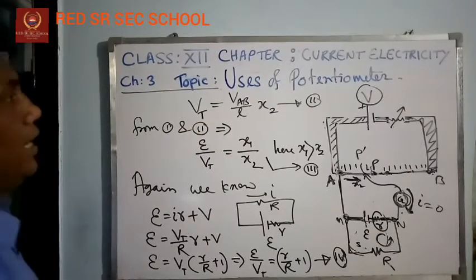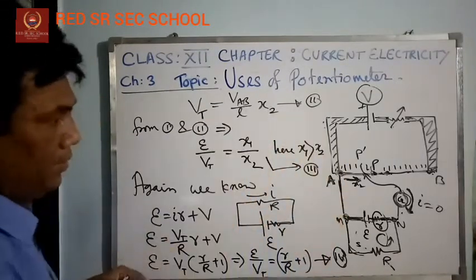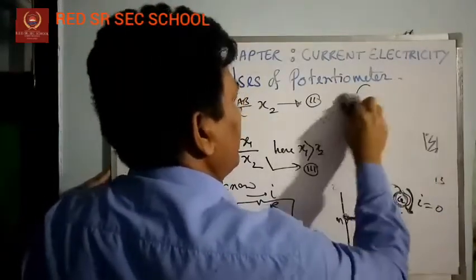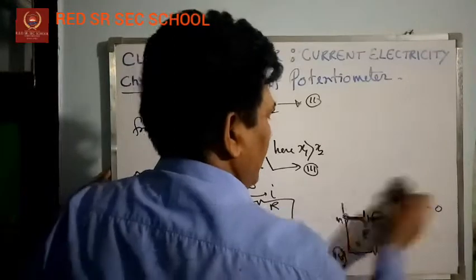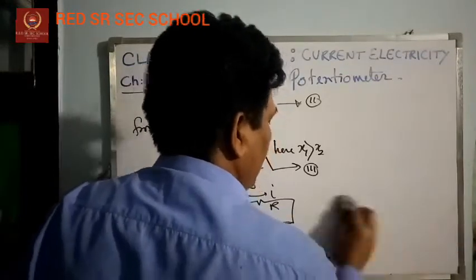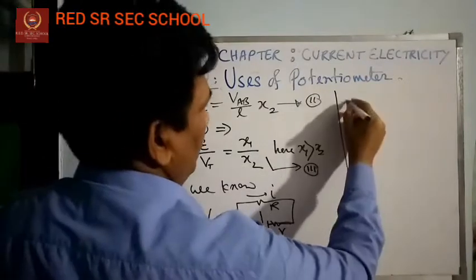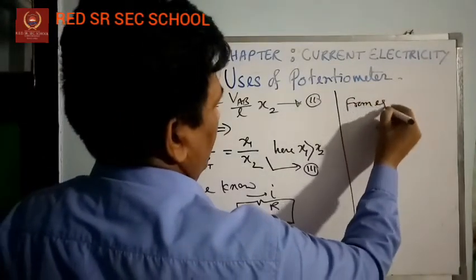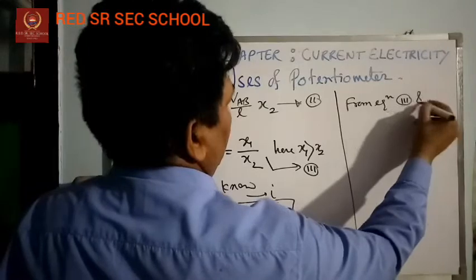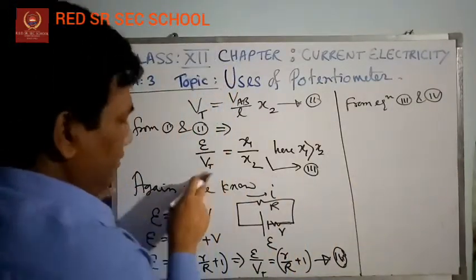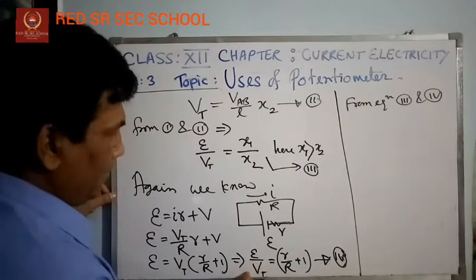Comparing 3 and 4. Let me rub this figure, it is already with you. From equations 3 and 4: what is 3? E by Vt. What is 4? E upon Vt.